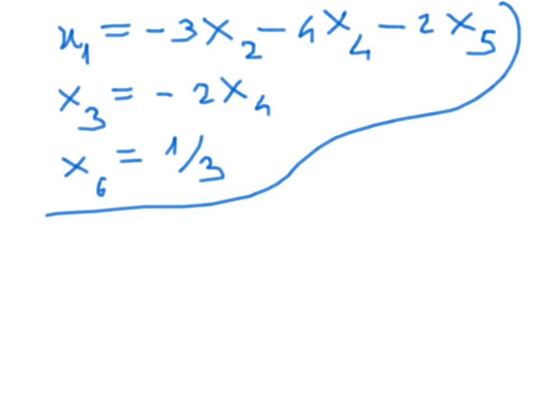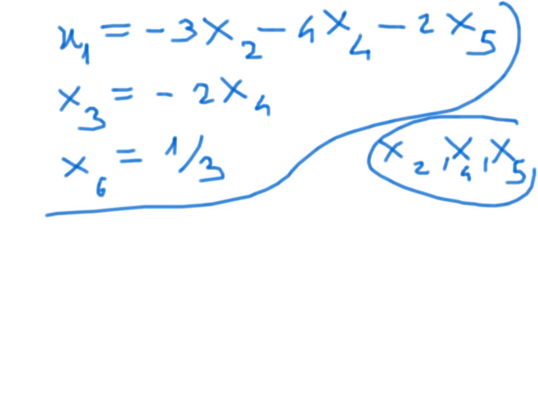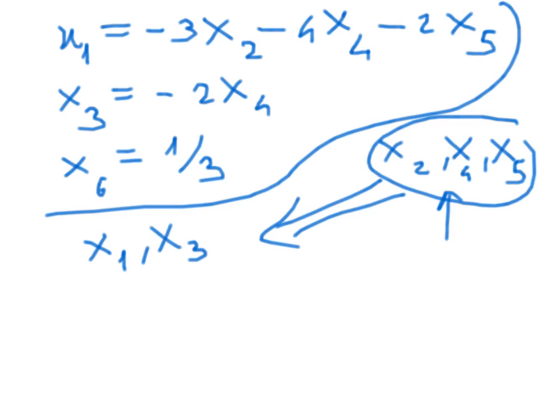That means that for each point, if you decide three numbers and assign them to x2, x4, and x5, you can derive the values from this of x1, x3, and then x6. That is just a constant.